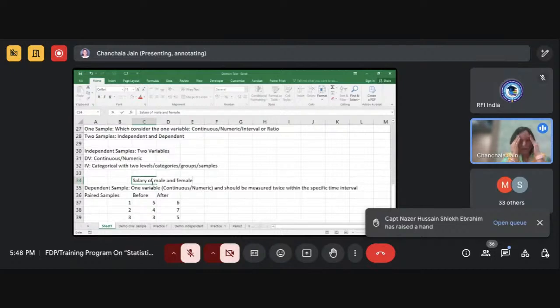The male group and female group are independent of each other. Male cannot be part of the female group and female cannot be part of the male group. So there is independence in the two groups. We want to see whether the mean salary is the same for male and female or not.